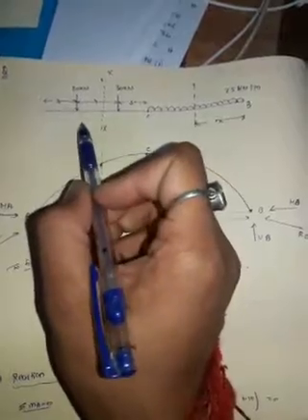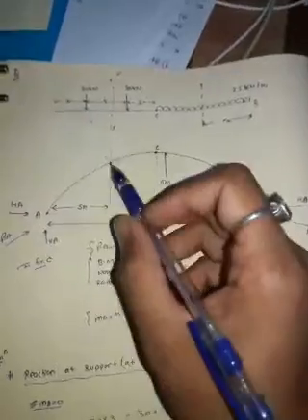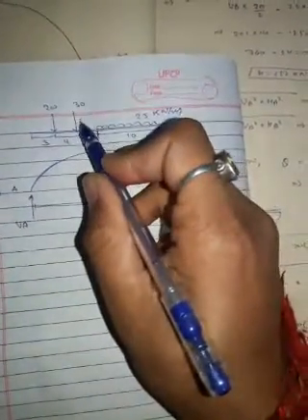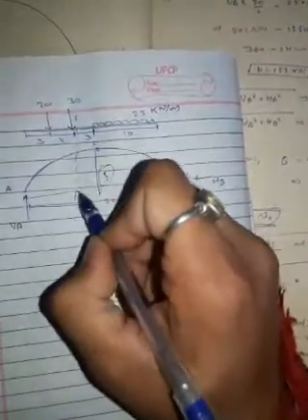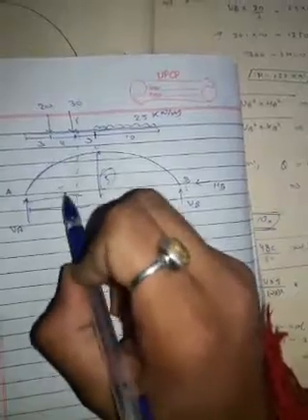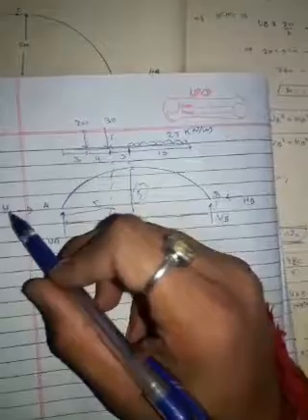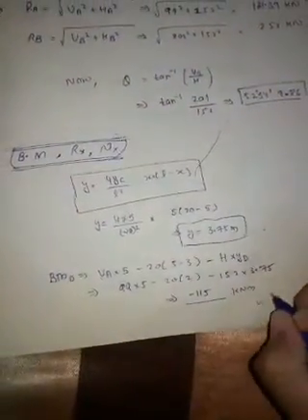So VA multiplied by 5 minus 20 multiplied by (5 minus 3), and the horizontal thrust H multiplied by the vertical distance, that is why we calculated 3.75 meter. Put all these values here and we calculate the bending moment at D.